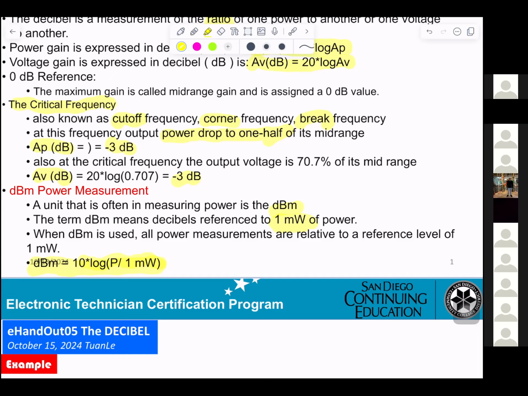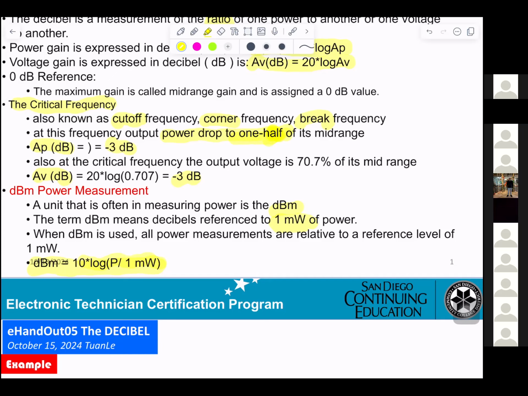Okay, now, are you talking about power or are you talking about voltage? Okay, power first. They say at the frequency, output power drops to 1/2. Okay, that means minus 3 dB. They drop to 1/2, 0.5.